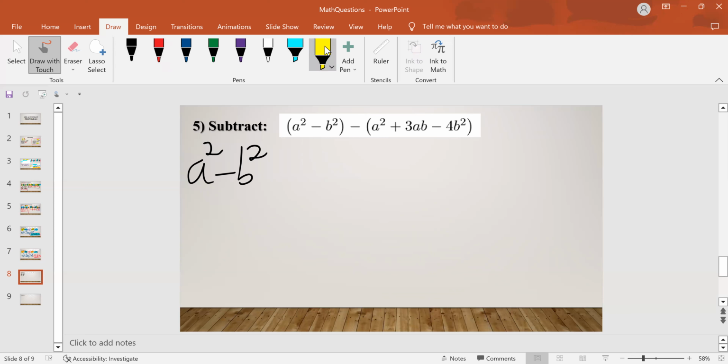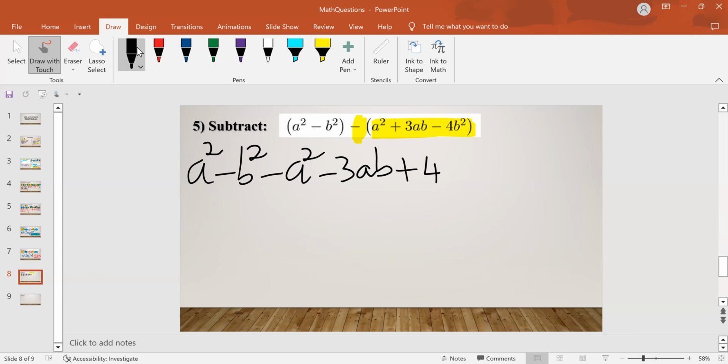Now, the negative sign here will affect all the signs inside the parentheses. So we're going to have negative a squared minus 3ab. Before it was plus 3ab. Because of the negative sign, this changed to negative 3ab, and the negative 4b squared is now positive 4b squared.